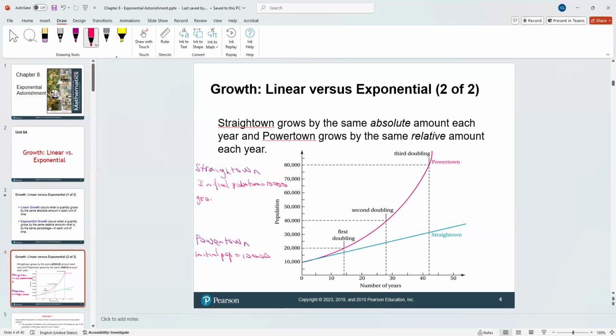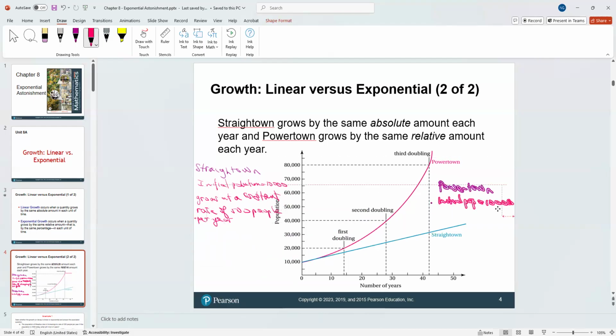I'm going to move this to the other side so we can understand it better. The initial population is 10,000 on both sides.